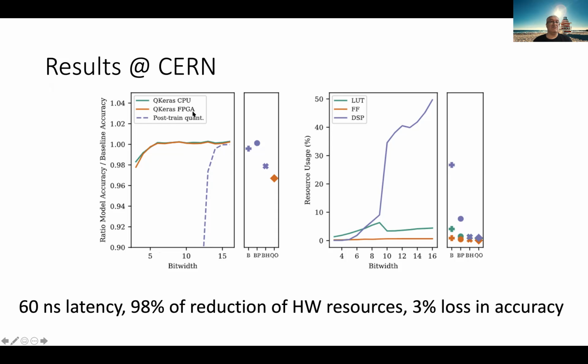However, when using AutoQKeras, the model maintained accuracy until much lower bit counts. In this case, we got a model with 60 nanoseconds latency, 98% reduction of the hardware resources, and 3% loss in accuracy. So it's almost 50x reduction by losing only 3% in accuracy.